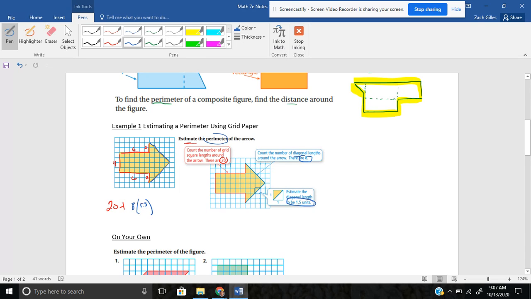So if I were to take 8 times 1.5, that would give me 12. And then I'd take this 20 plus 12 to get a total perimeter of 32. And then since my units are not labeled, it doesn't say inches or centimeters or anything, remember, then you just put units. Okay, so 32 units around is the distance, the perimeter around this shape.